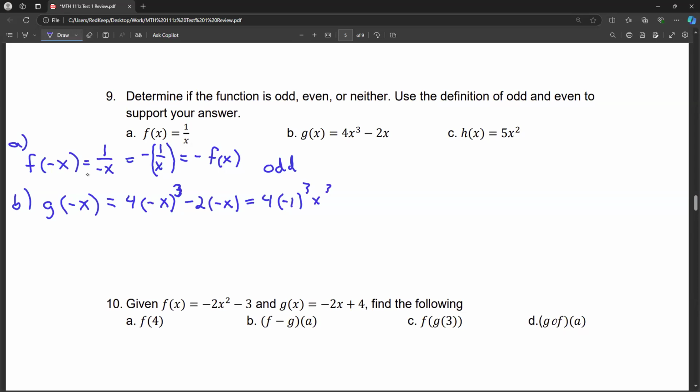I'm just splitting this up, applying the exponent to both the negative 1 coefficient of x and the x itself. And then next, I might take this negative and distribute it out, and pull it out. And so what would that be? Negative 2 times negative 1. That's equal to positive 2x.